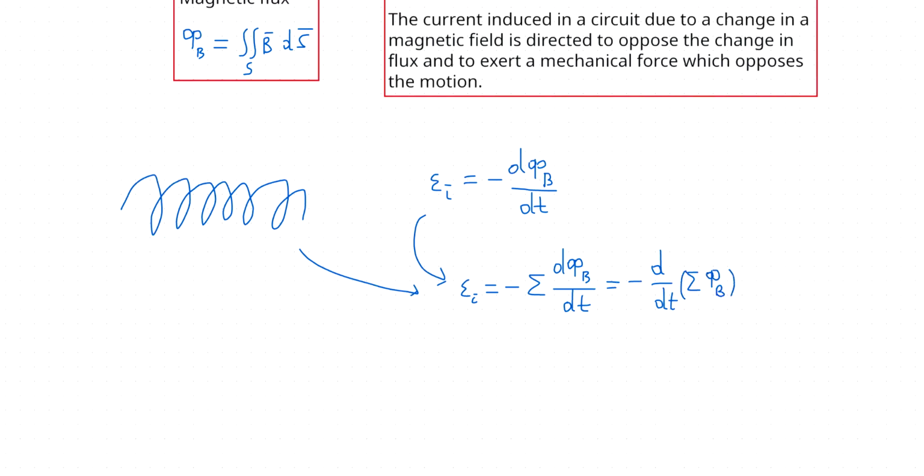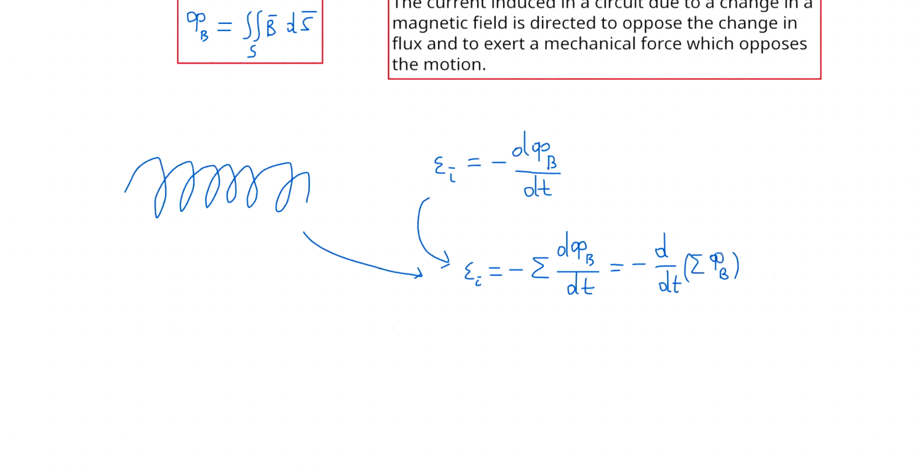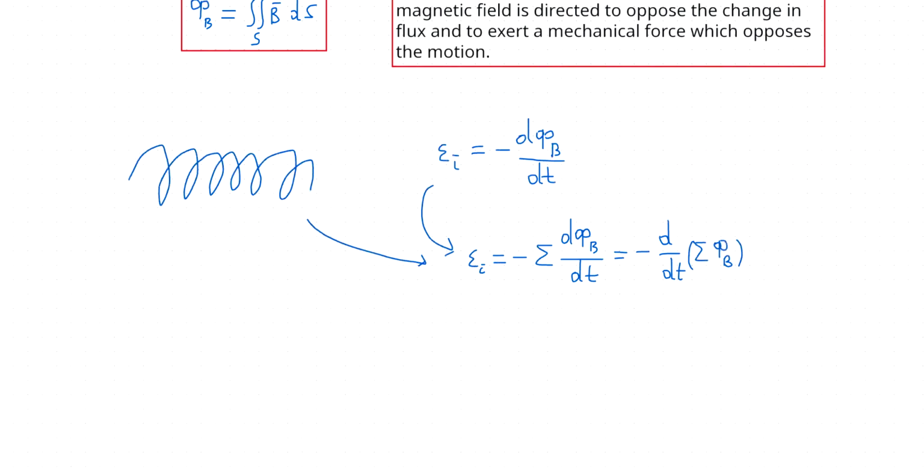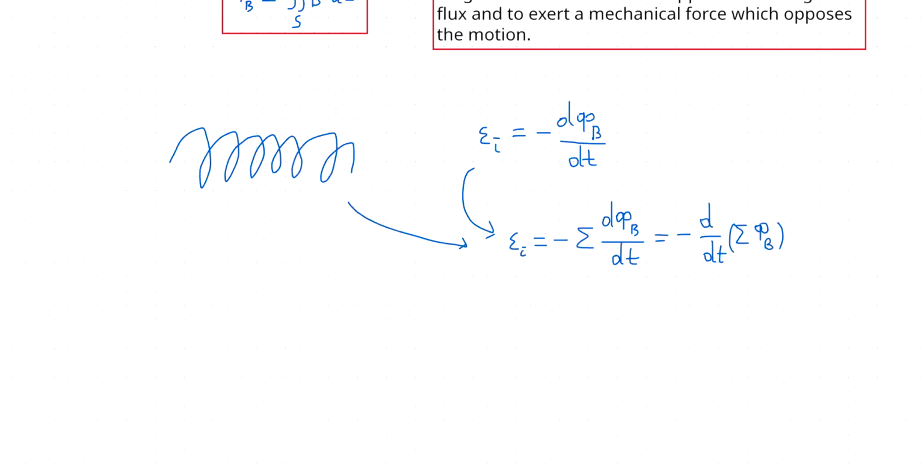And this sum of magnetic flux is often called flux linkage.